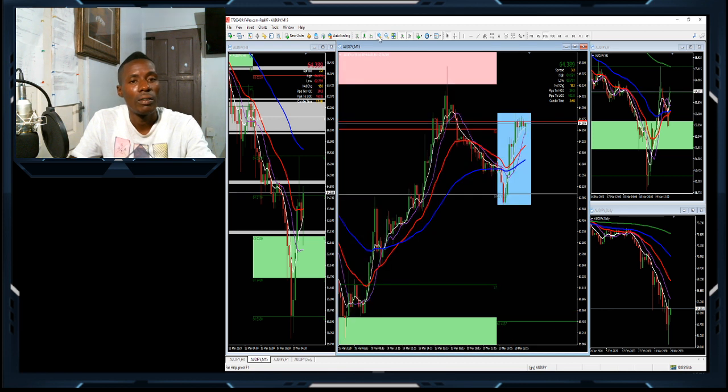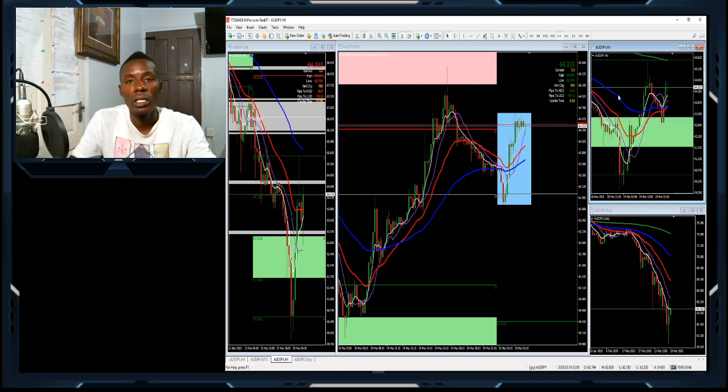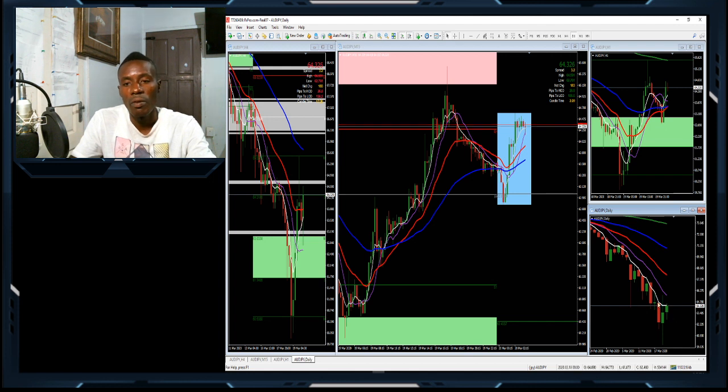And in the middle, I use a daily pivot point, right? And these two on the right corner, I use an hourly time frame, and right here at the extreme low, I use a daily time frame, right?